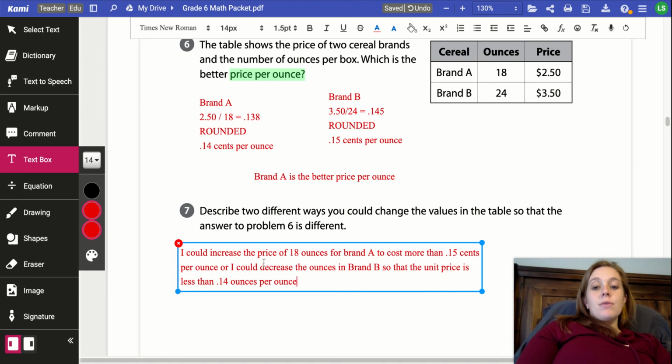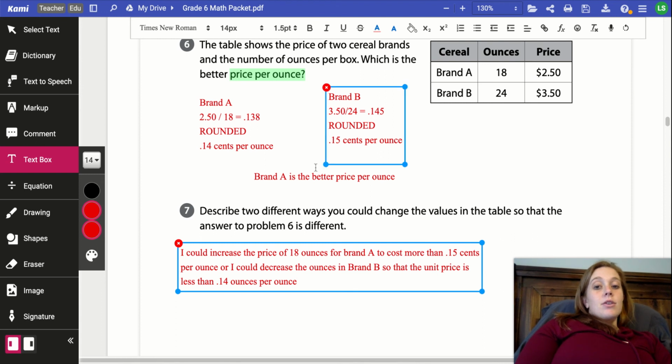So the first thing we could do is increase the price of 18 ounces of cereal for brand A, so that when you found the unit price, it cost more than 15 cents per ounce. So I'd have to increase this price and keep dividing until I got a unit rate of more than 15 cents per ounce.